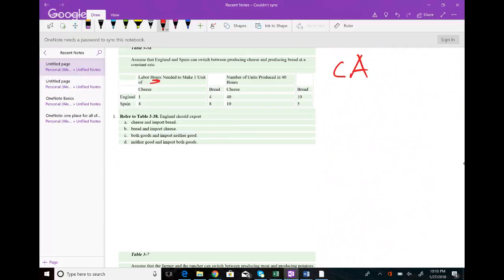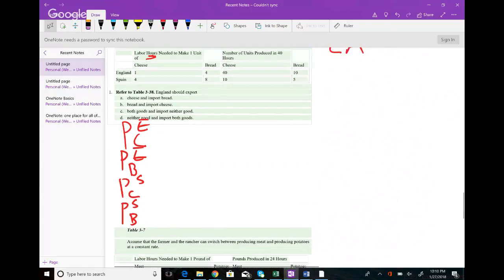So remember, the price of each good for each country, right? So we're going to do the price of cheese for England, the price of bread for England, the price of cheese for Spain, the price of bread for Spain. All right, and for these numbers, the only numbers we're going to use are the ones over here.